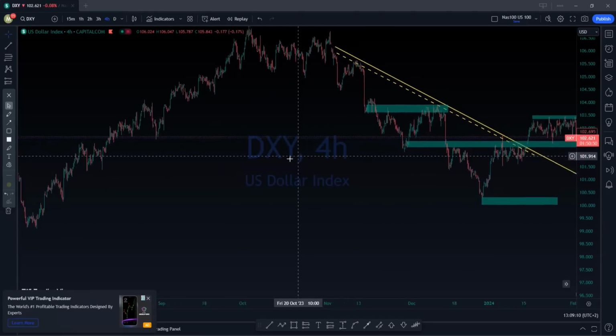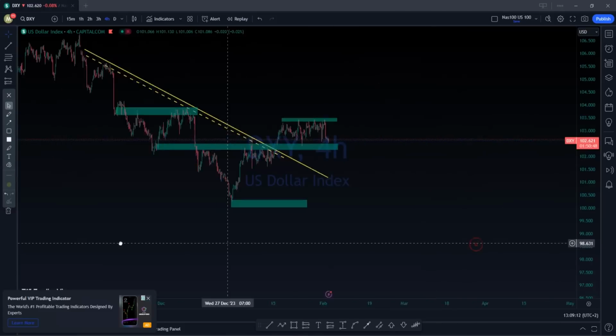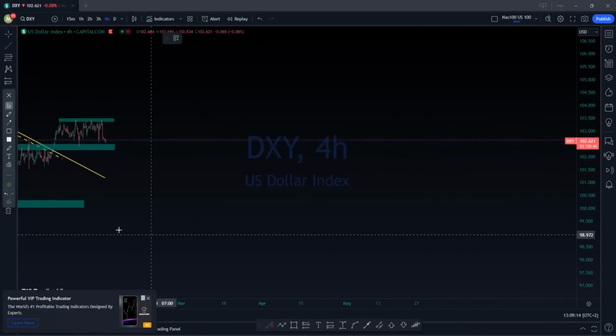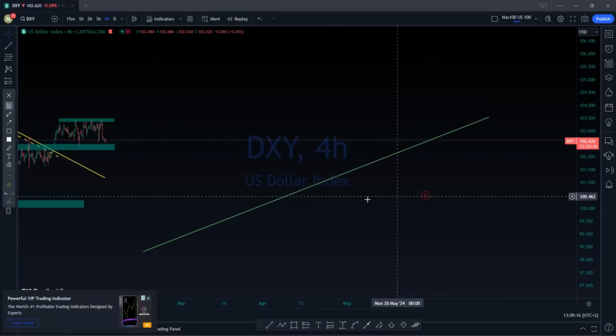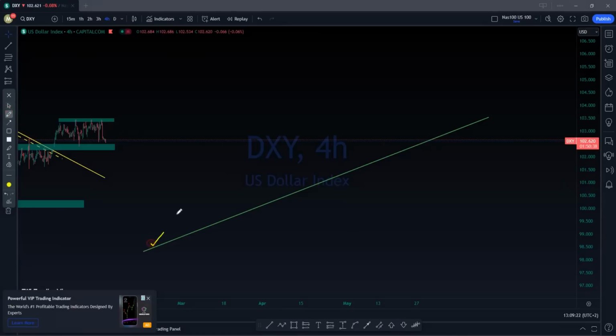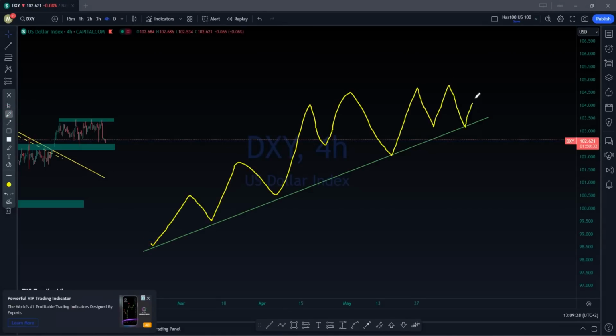So we have to see if maybe the market broke out of that. For example, if the market pushes like that, it's an uptrend. Let's say we have a structure like this.